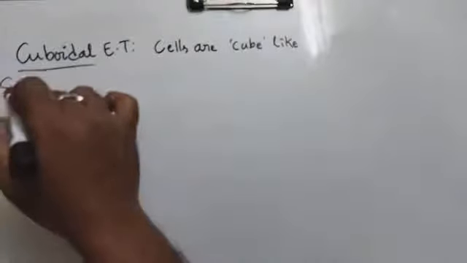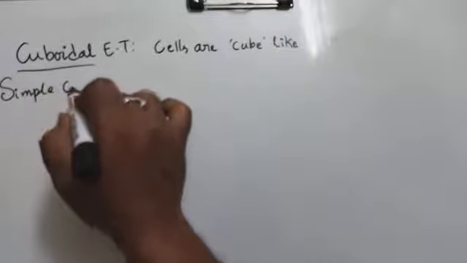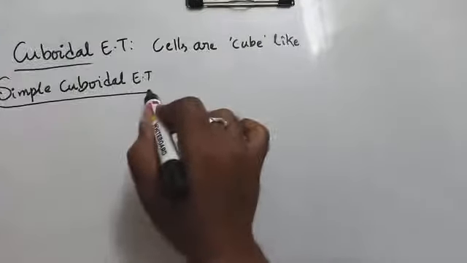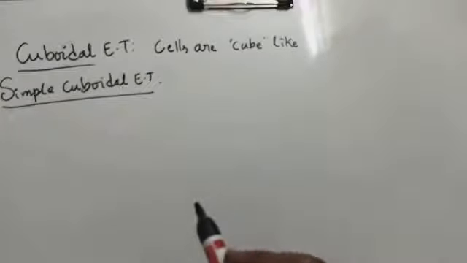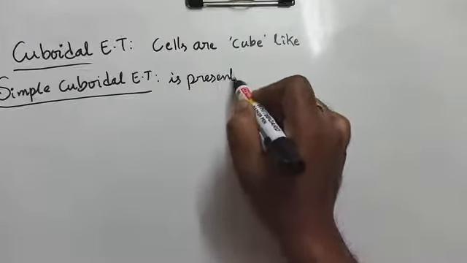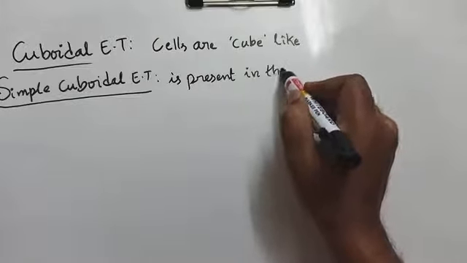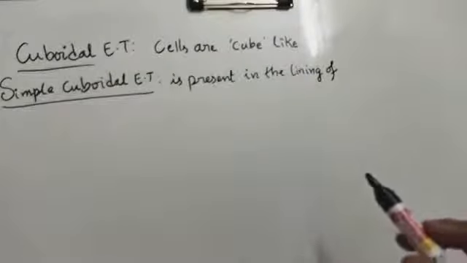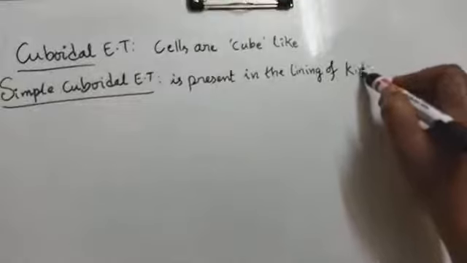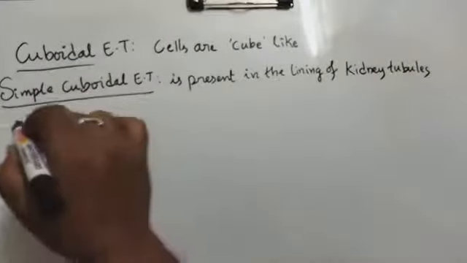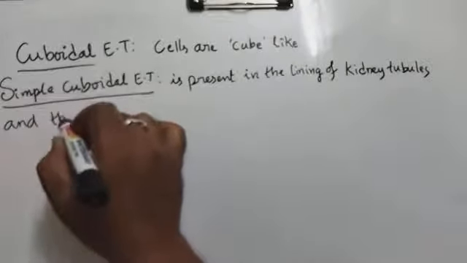Simple cuboidal epithelial tissue is present in the lining of kidney tubules and the ducts of salivary glands.